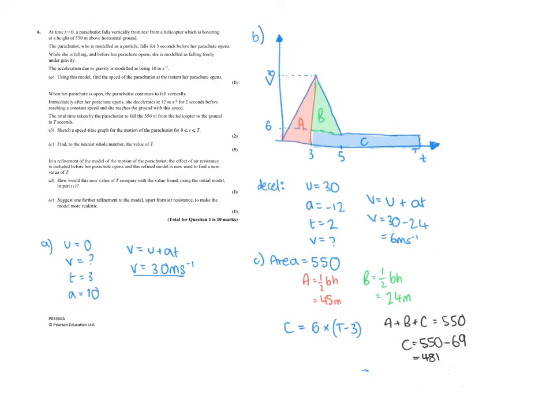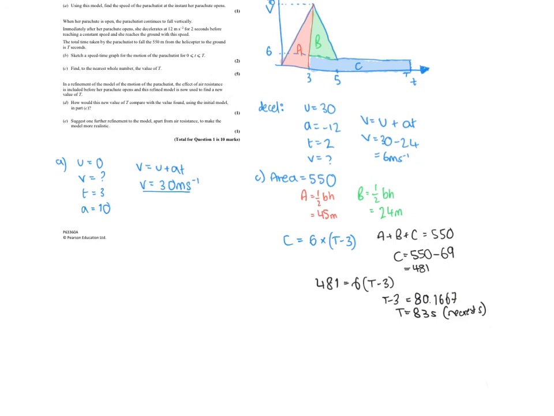So then we have to solve our equation for C to find the unknown, which is t. And we're working out to the nearest whole number. So t is 83 to the nearest second.